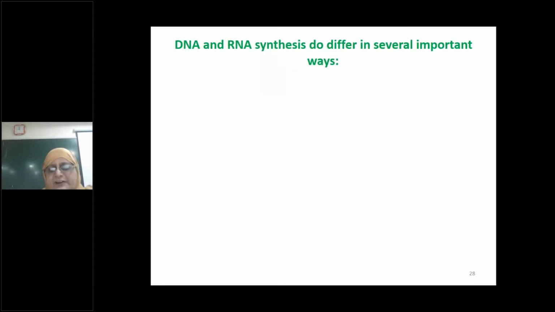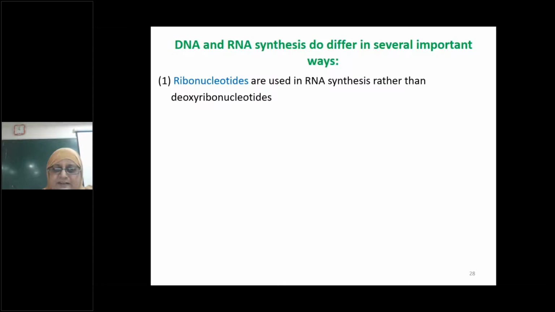But there are also several differences seen between DNA and RNA synthesis. They are very important. Instead of the deoxyribonucleotides that are required in DNA synthesis, here in RNA synthesis, ribonucleotides will be used. Then uracil will replace the thymine as the complementary base pair for adenine in RNA.